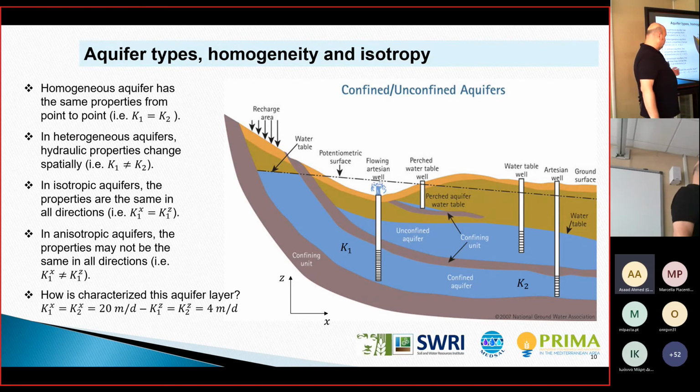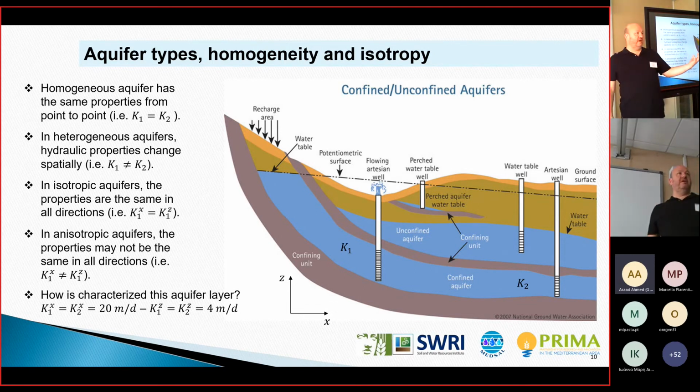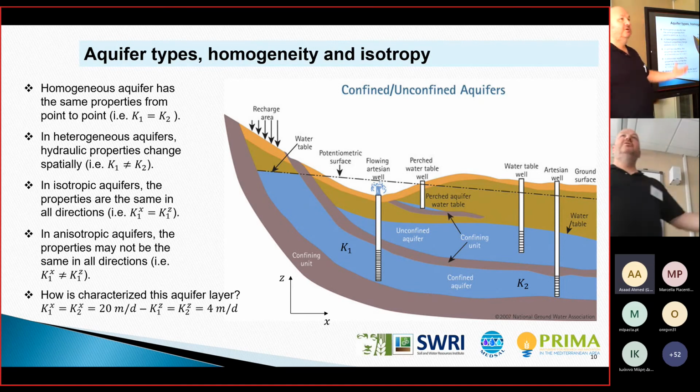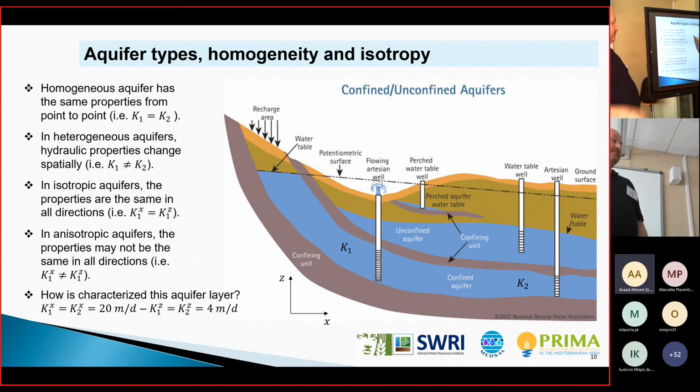But the vertical conductivity, the z direction, the direction of gravity, is 4 meters per day, also in the 2 points. How do you define it based on this definition? Isotropic, or anisotropic? Isotropic on the main axis.